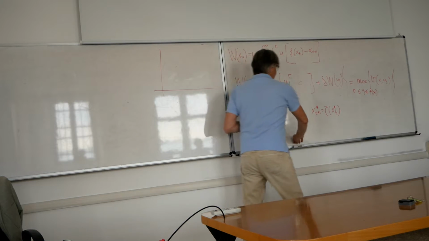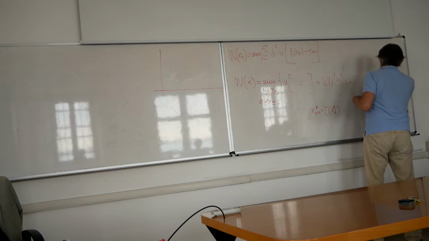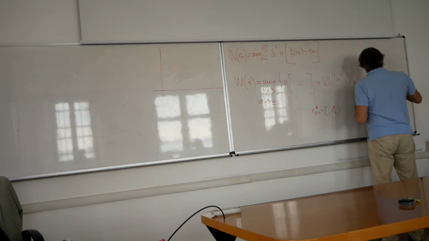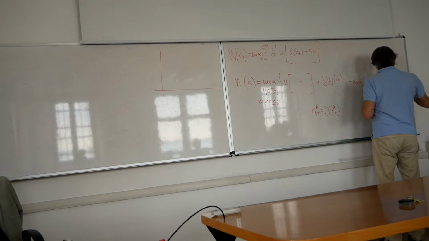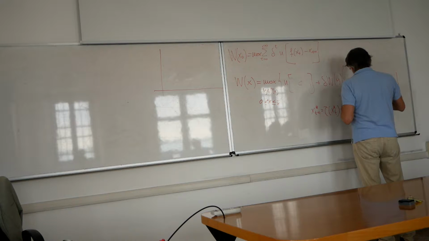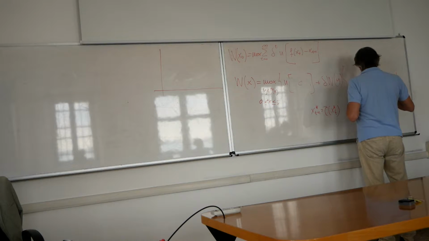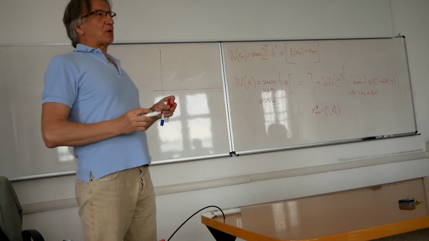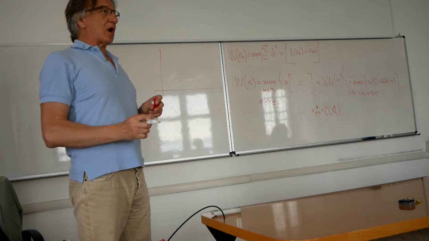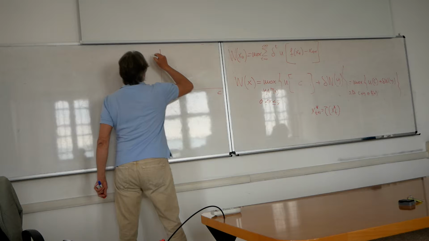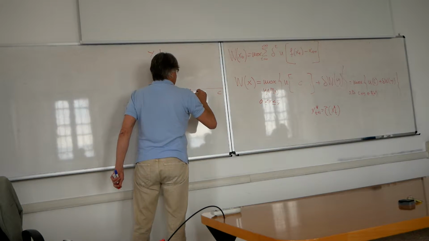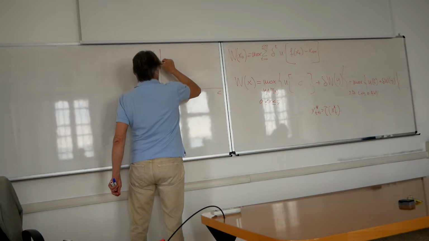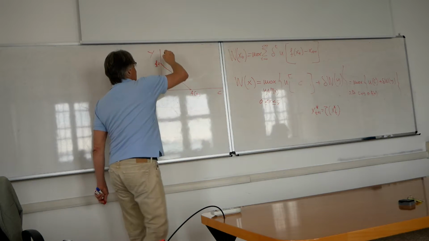So I can rewrite this as max u of c plus delta w of y, subject to c plus y less than or equal to f of x, where f of x is given. And now it is the pure consumer problem with two goods, and the relative price of them is 1. So if I put c here, y here, and fix f of x, this is the straight line, and these are the isoquants.